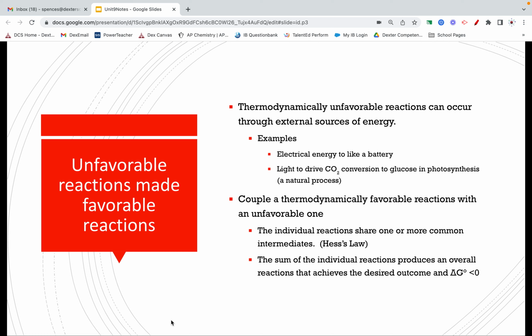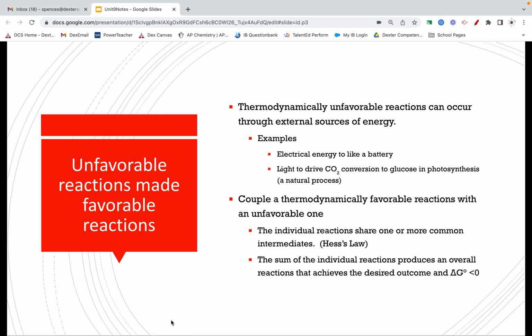Electrical energy, like a battery, can be used to drive such reactions. We're going to talk about batteries during this unit as well. Another naturally occurring one is light driving CO2 conversion to glucose in photosynthesis. The individual reactions share one or more common intermediates.